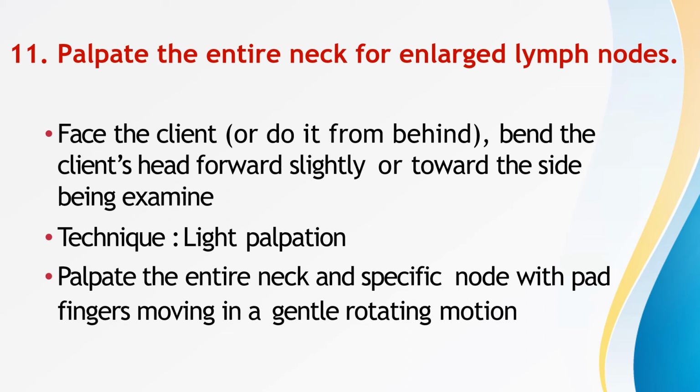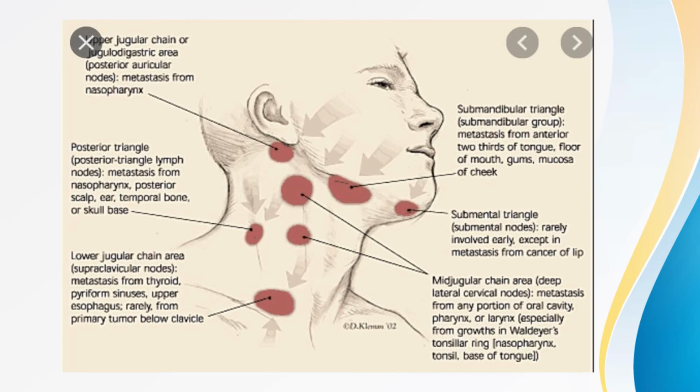Palpate the entire neck and specific nodes with pad fingers moving in a gentle rotating motion. Asking the client to slightly move the head forward relaxes the soft tissue and the muscles, so there would be no tension as you palpate the lymph nodes.